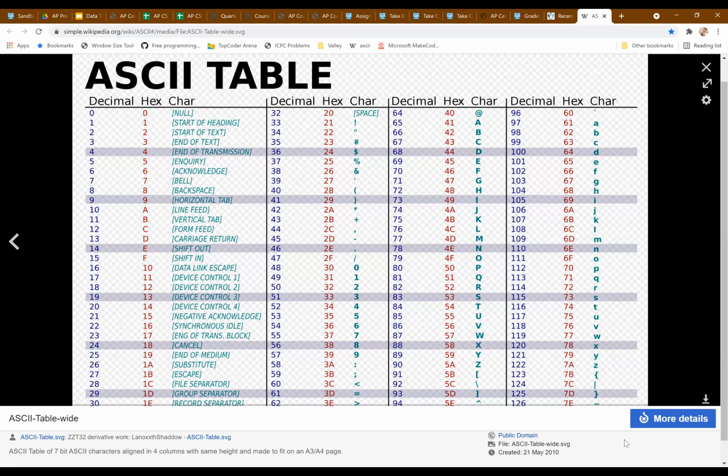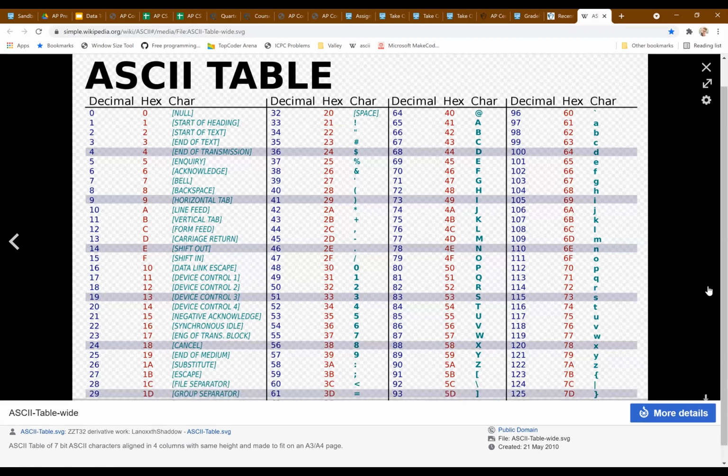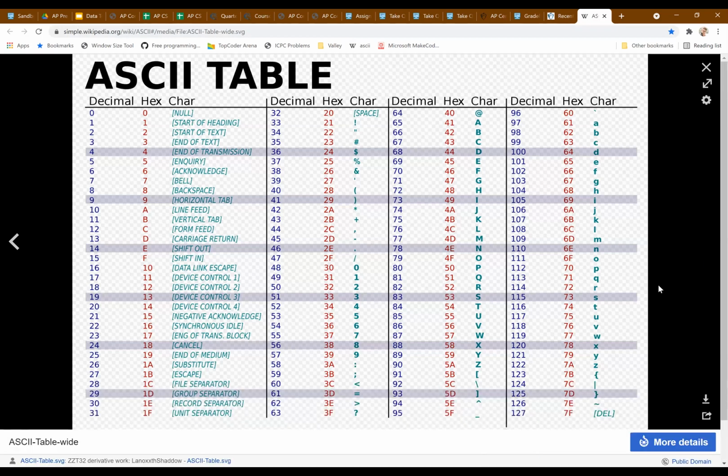So here is an ASCII table, although usually if you're asked a question about the ASCII table, you're only going to have to look at a small subset of this. So we can represent any character, any letter, any number, any symbol using some decimal or hex or binary value.